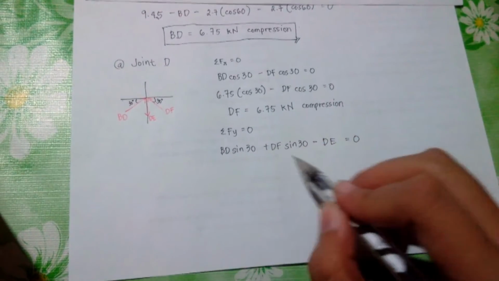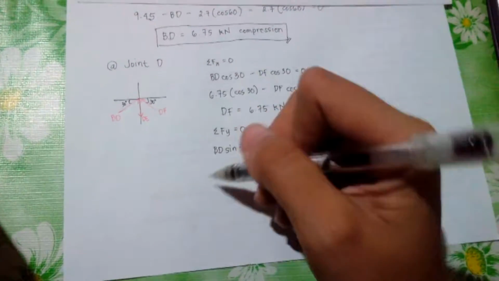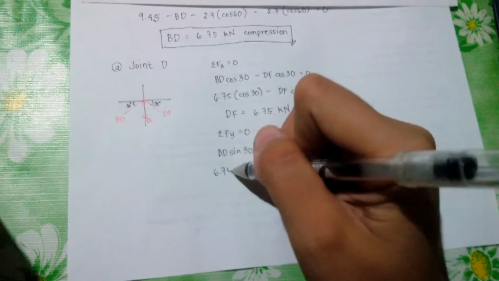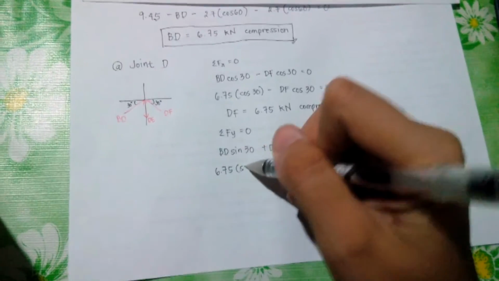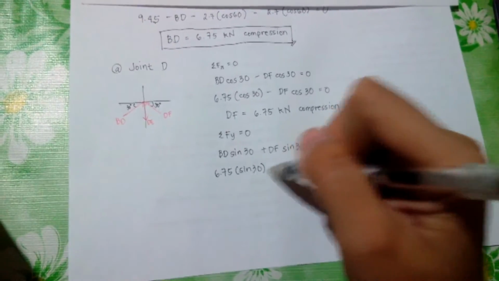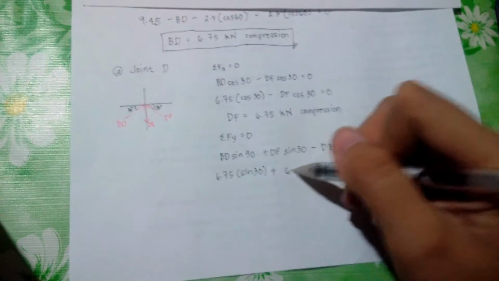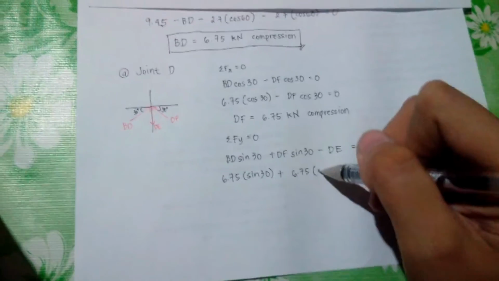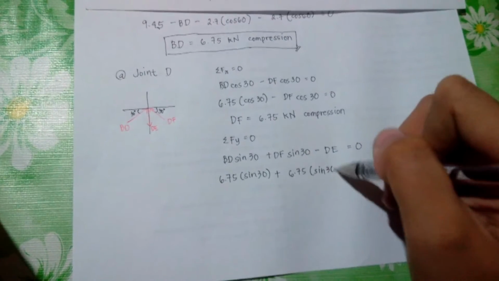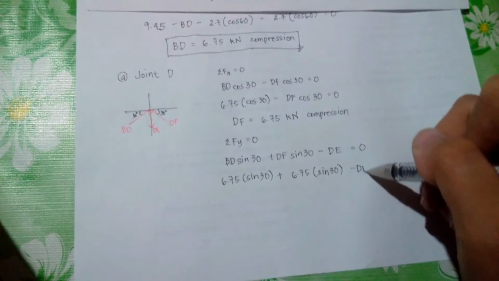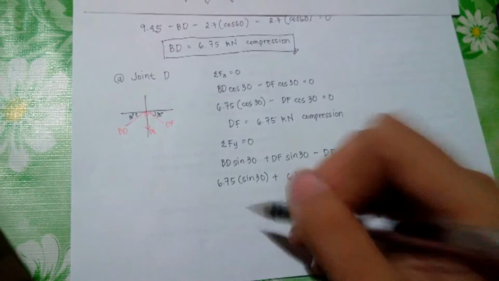Since you have values for BD and DF, let's substitute them into the equation. 6.75 sine 30 plus 6.75 sine 30 minus DE is equal to 0.